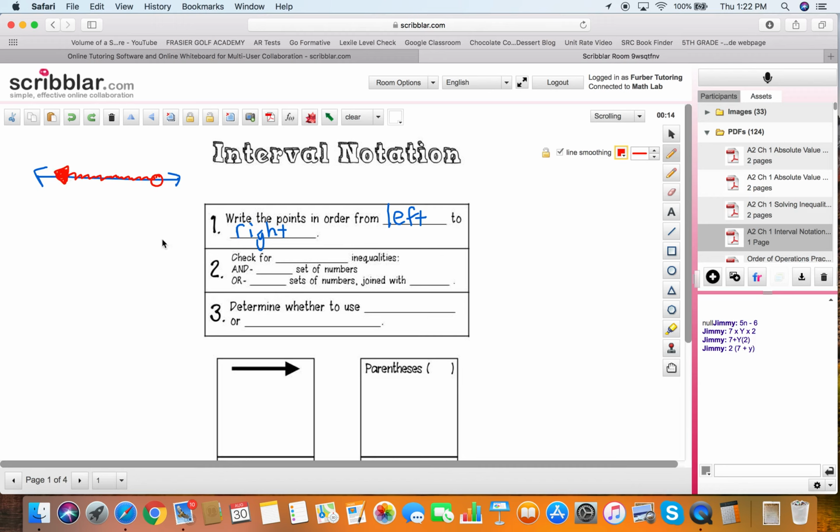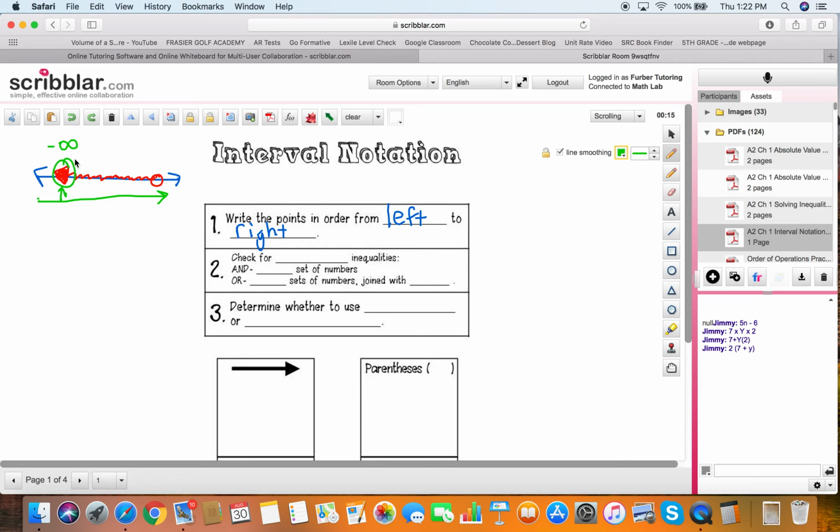When I am trying to determine what points I'm going to write to represent the solutions, I'm going to go in order from left to right. Well, if I'm starting at the left and coming to the right, the first thing I get to is this arrow. And that arrow is pointing to the left. And so I'm going to call that negative infinity.